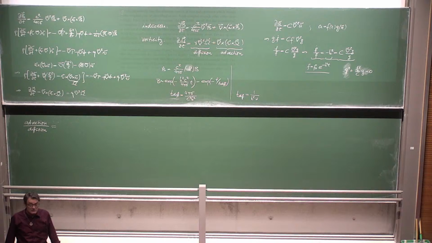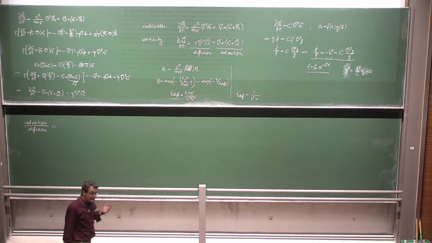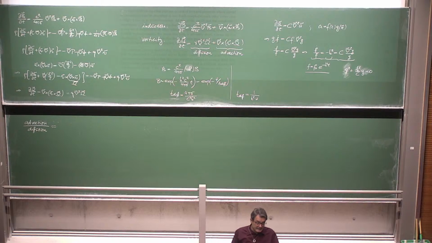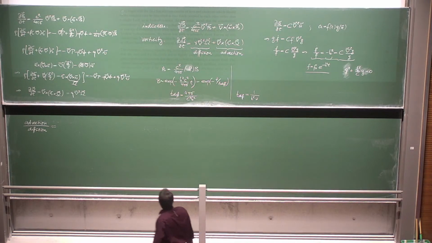Suppose you would insert plane wave solutions, right? Then any of the gradients would just return a k, which is 1 over L. Well, it's not so bad.